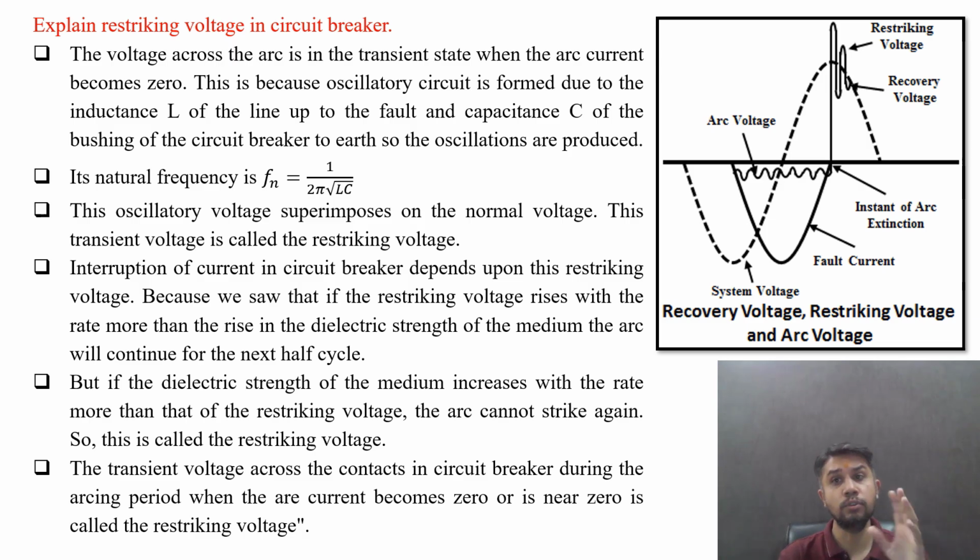Oscillations are produced by this LC tank circuit. The natural frequency is f_n = 1/(2π√(LC)), the series resonance natural frequency. This oscillatory voltage superimposes on the normal voltage. This transient voltage is called the restriking voltage.